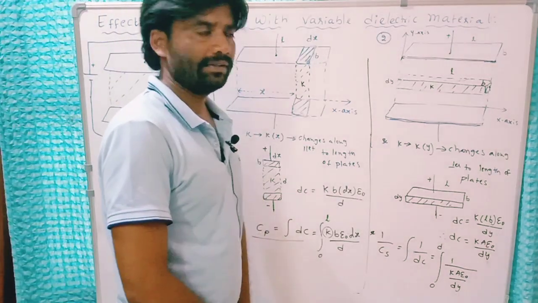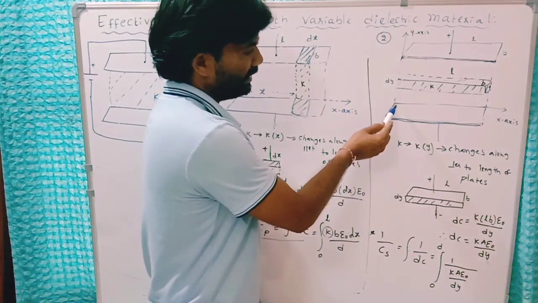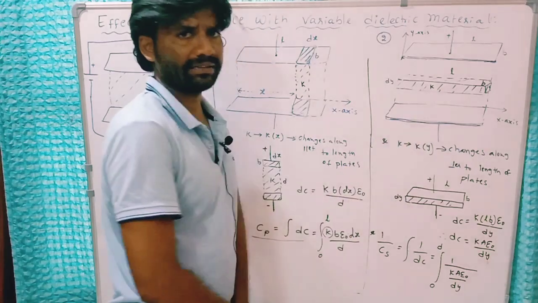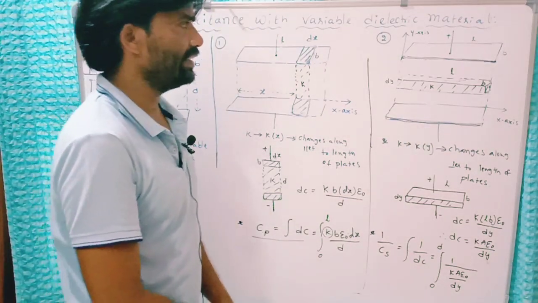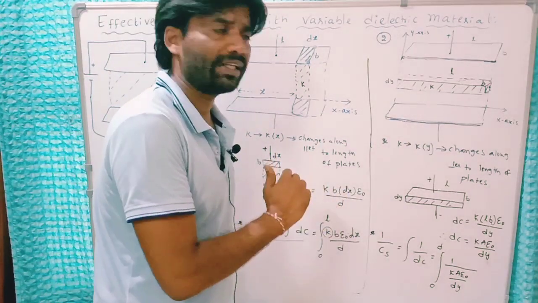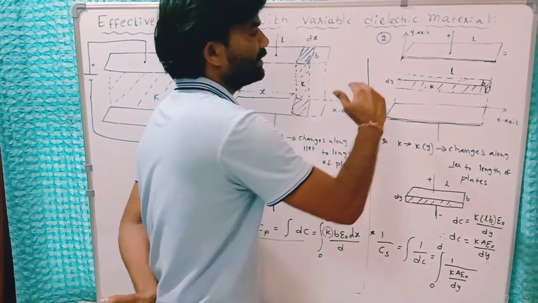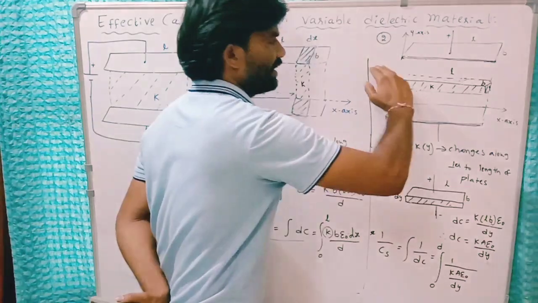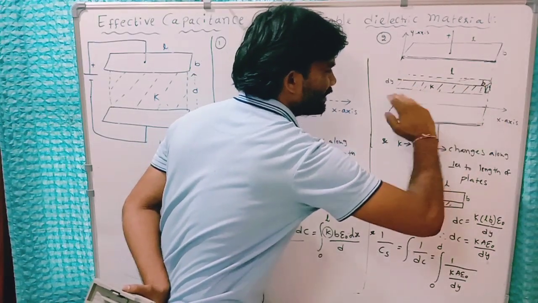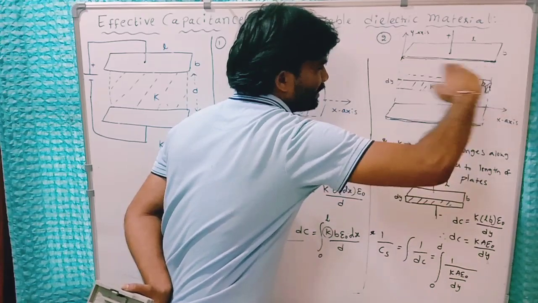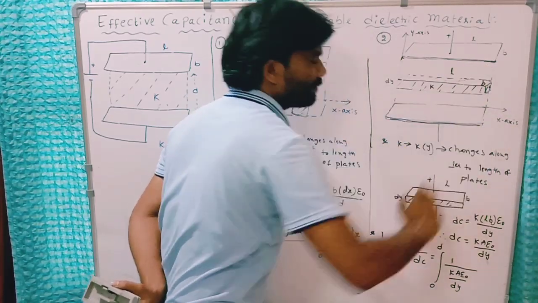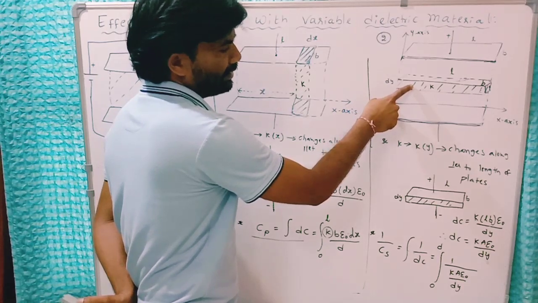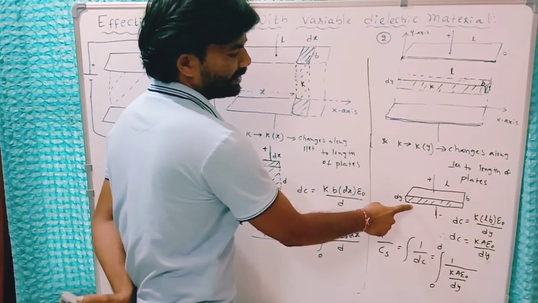Second case: if K changes along this y direction, or perpendicular to the plates of this capacitor, to find its effective capacitance we should divide the capacitor into many elements perpendicular to the direction in which K changes. The elements must be like this, so it is cut parallel to the length of these plates. This is one of the elements which is selected, and I have drawn the same element here.